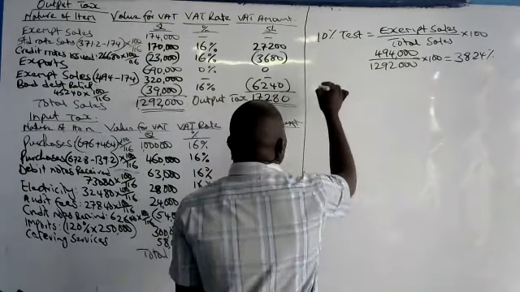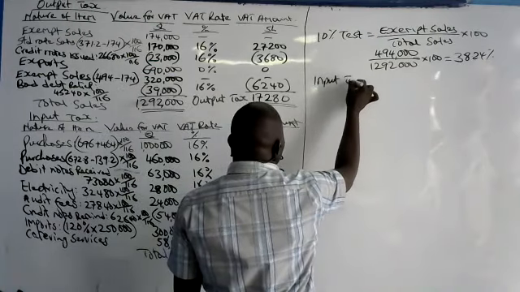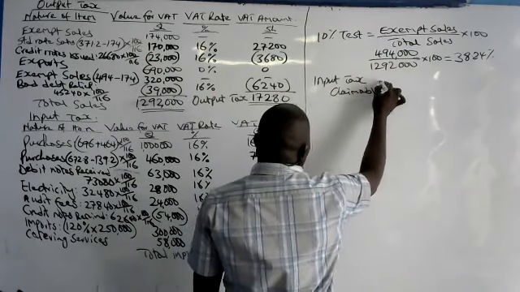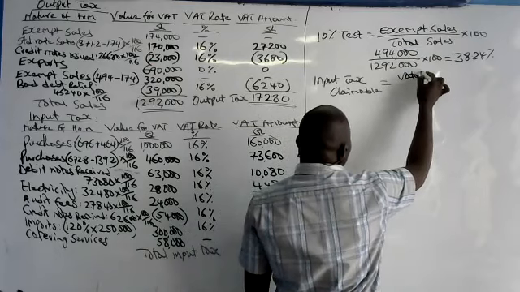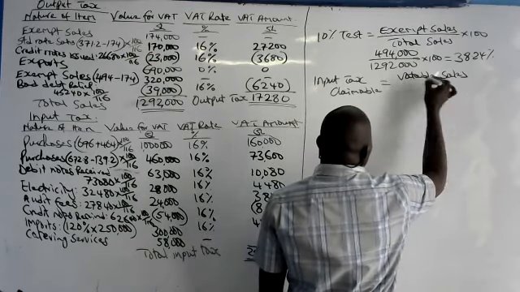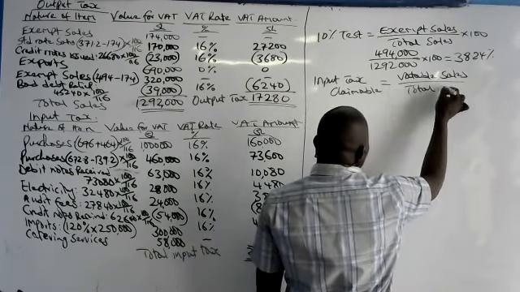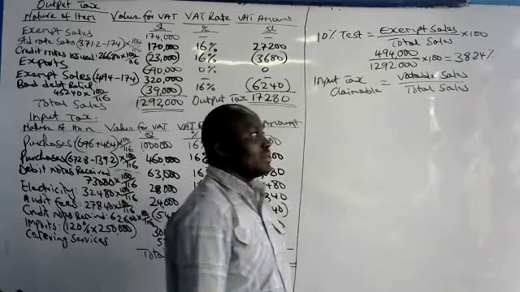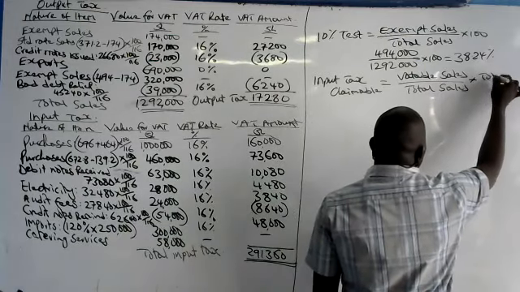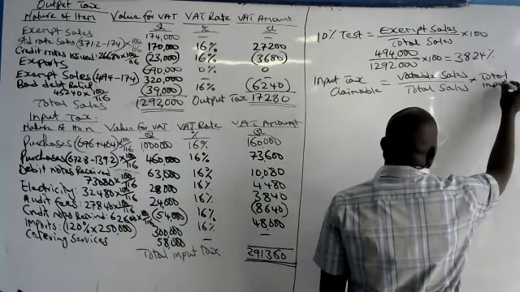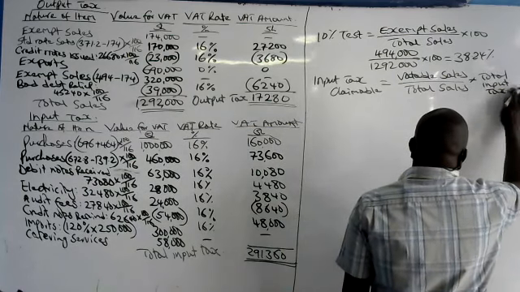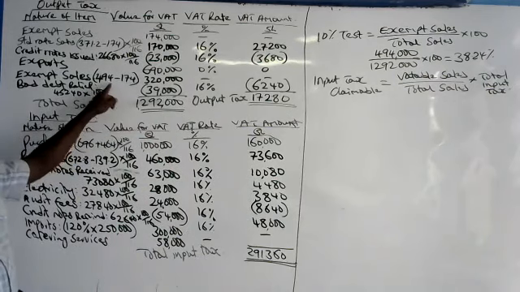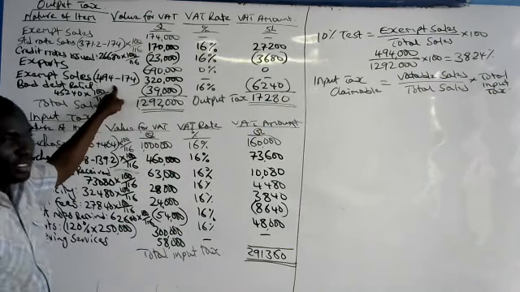So we restrict. So we have input tax claimable. Variable sales divided by what? Saizi katuna zile ambazo there's a trace. Ndio. Times the total input tax. Variable sales zetu ni ngapi? 1292 minus 494, right?